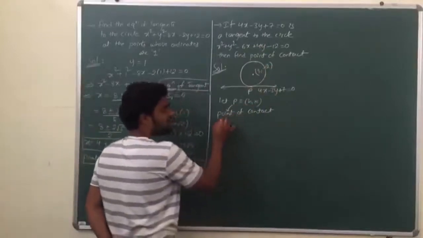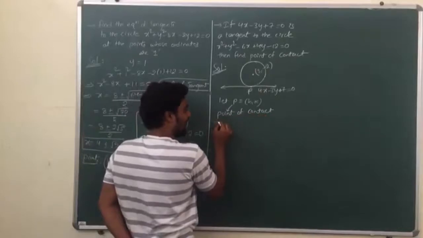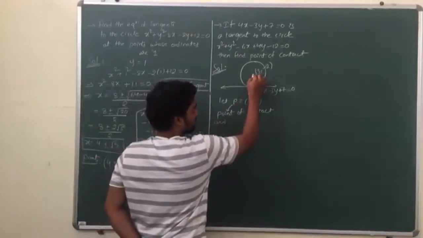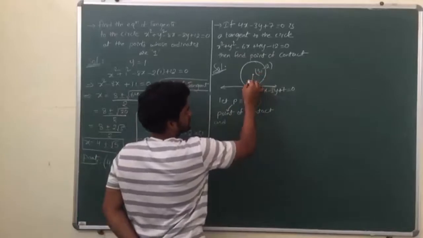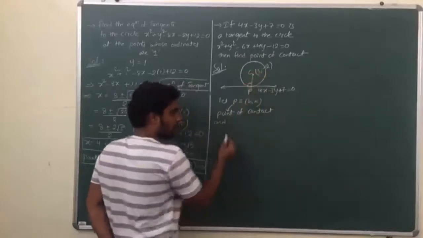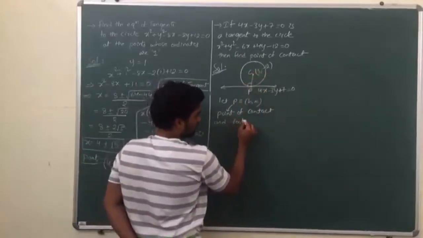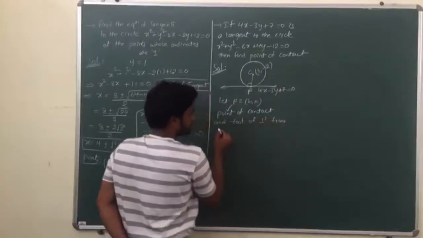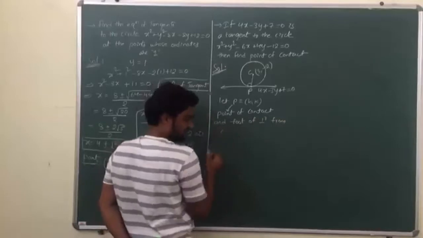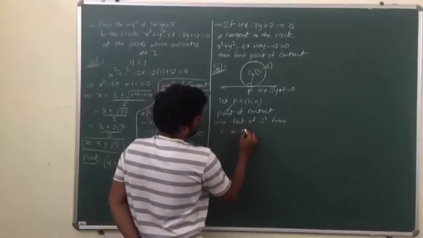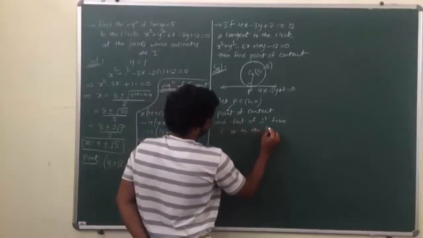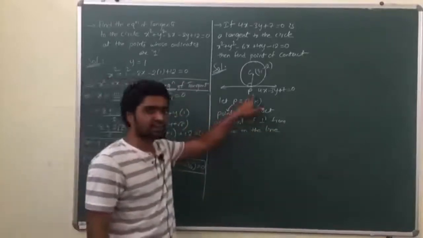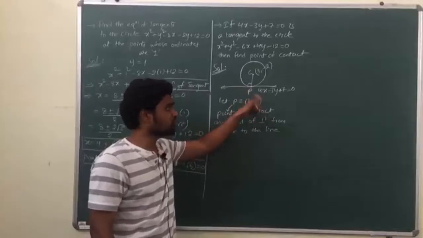Now, point P is the point of contact, and it is also the foot of perpendicular from C, which is the center, onto the line. And how to find the point of contact?